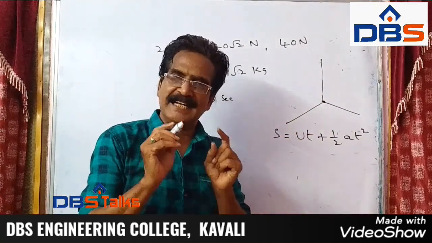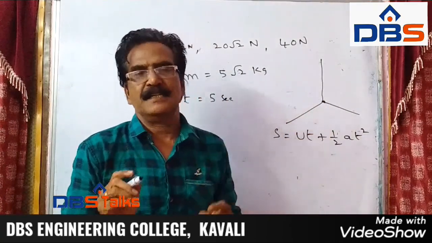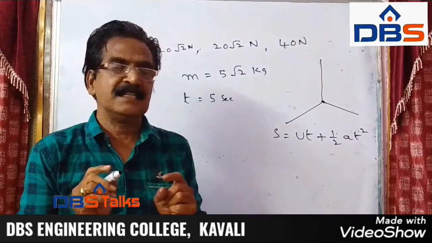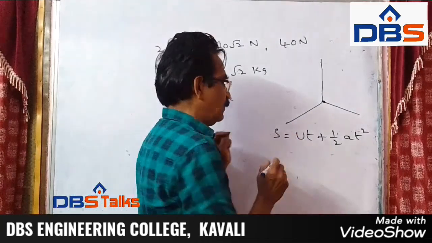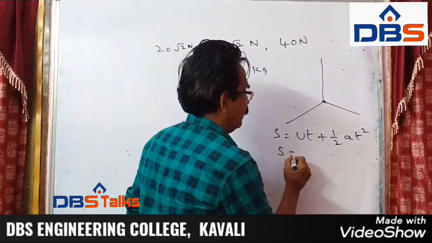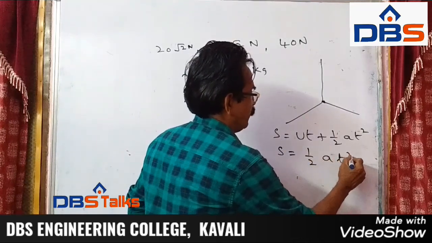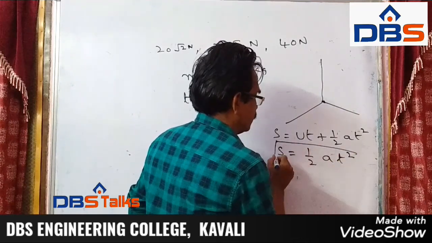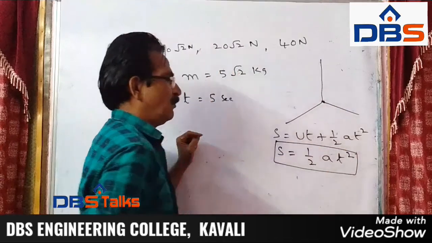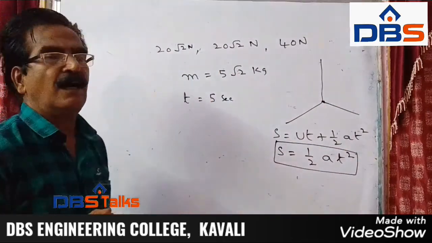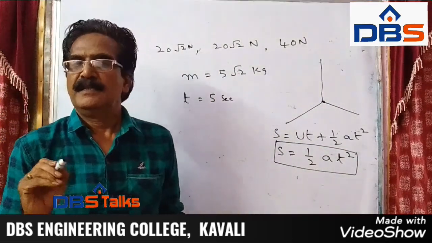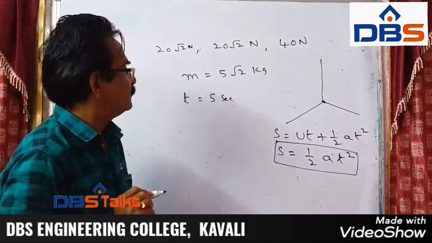The body is at rest at origin. So then displacement becomes half at square. This is the first thing. So we have to find the value of half at square.